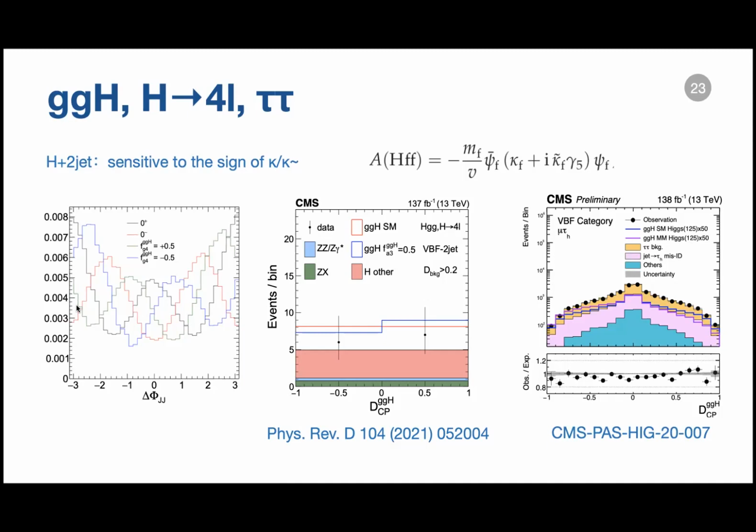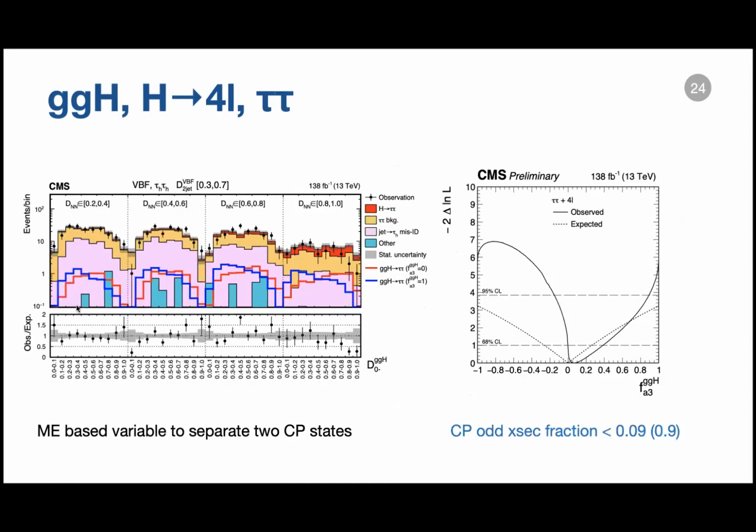So does the addition of GGH on top of VBF give any extra information? Yes, that's a good question. Indeed, if you want to get sensitivity in gluon fusion, you have to go to very high MJJ, which is very close to the VBF topology. But it depends on which Higgs CP properties you're measuring, because for gluon fusion, in principle, it is the Higgs GG coupling or the Higgs TT coupling that you are looking at.